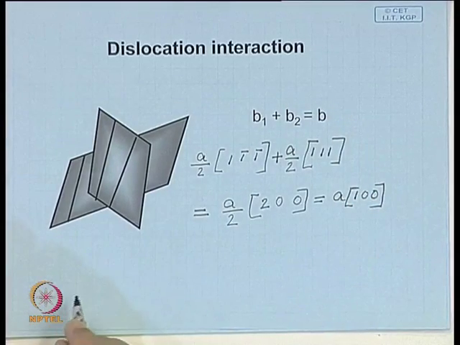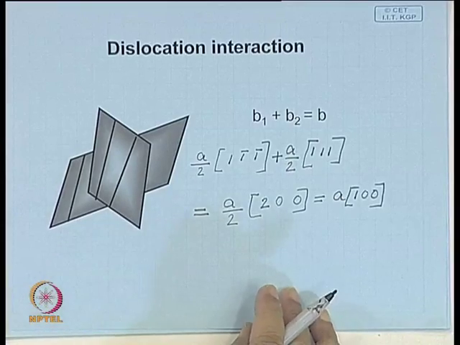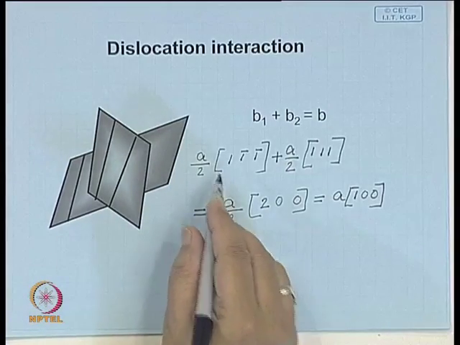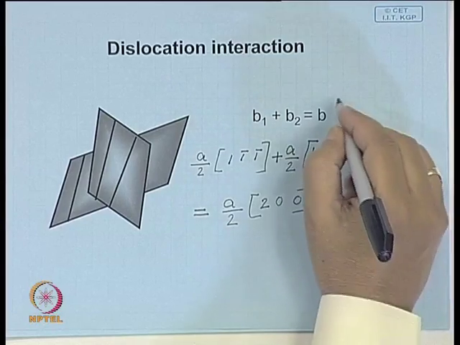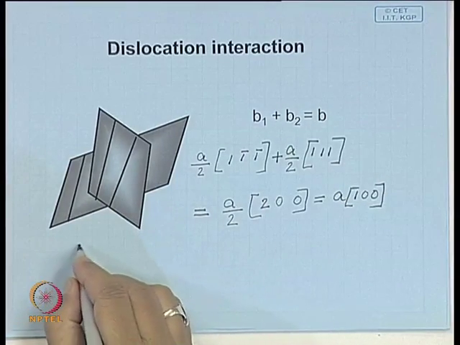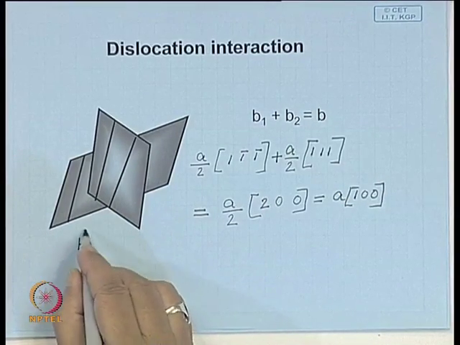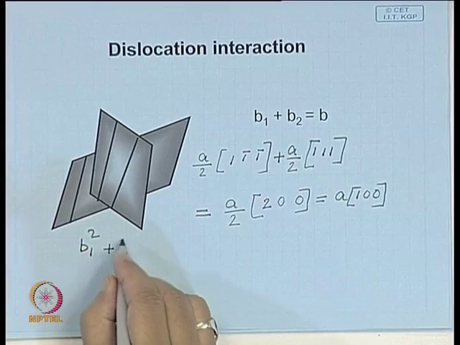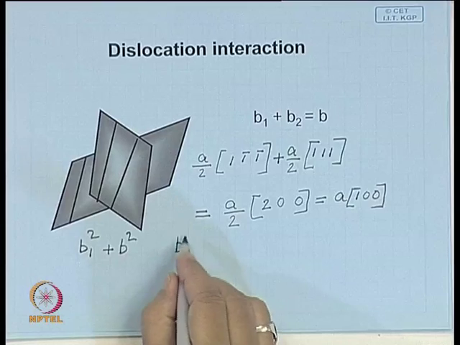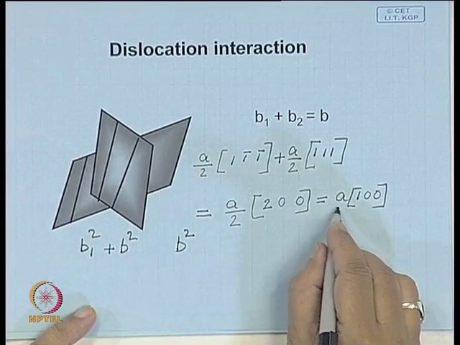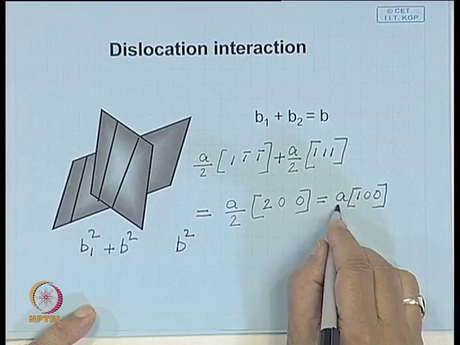Now, will this reaction be energetically favorable? How do you know? You can find out, because b squared is the energy. That means you have to find out b1 squared plus b2 squared, and compare it with b squared. Now, b we have found out is this.